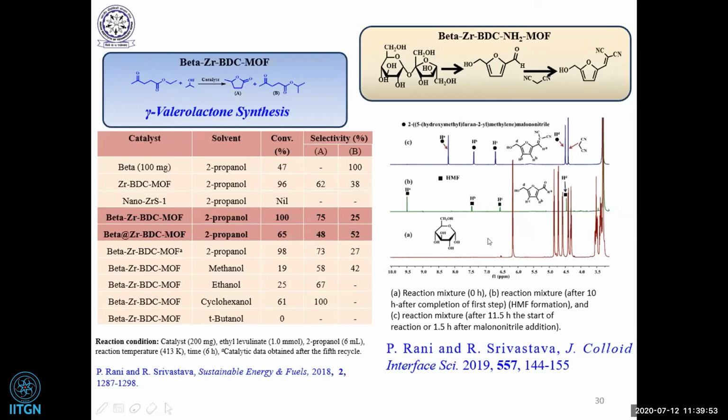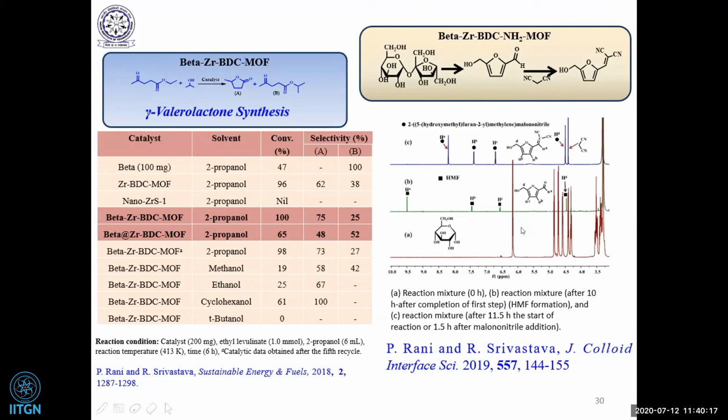Another advantage I can show here is in biomass transformation. We tried to incorporate UiO-66 into the MOF. When we did this reaction with UiO-66, we found that the material was unstable in this DMSO medium, the synthesis medium of this one-pot transformation from glucose or sucrose directly to this compound.